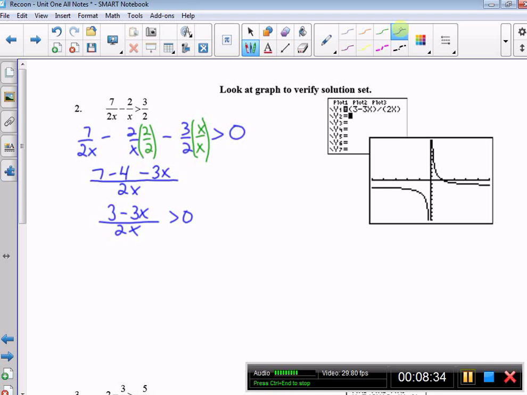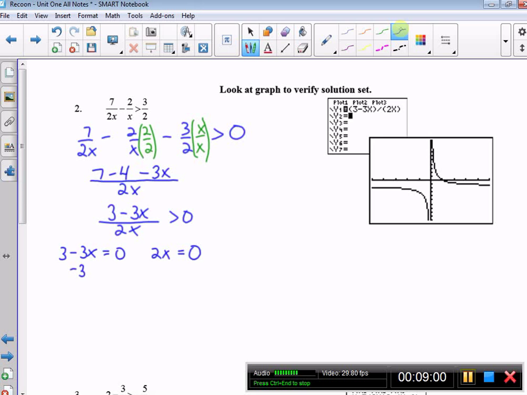So I'm going to find my critical points by setting 3 minus 3x equal to 0 and 2x equal to 0. So I'm looking for what will make the numerator 0 and what will make the denominator 0, because those are the critical points. And then to decide what the answers are, I'm going to look to the left, the right, or the middle and do a number line check.